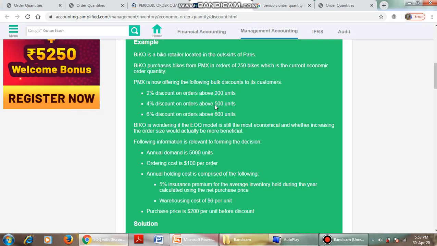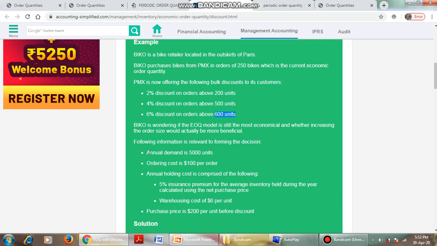If he buys 500 units, he gets a 4% discount, and he gets a 6% discount on orders above 600 bikes. Now Biko is wondering if the EOQ model is still the most economic and whether increasing the order size would be more beneficial.